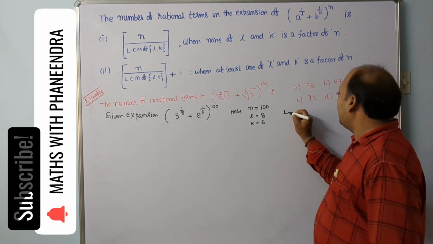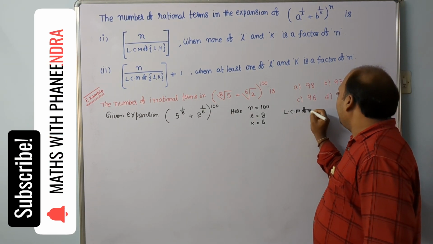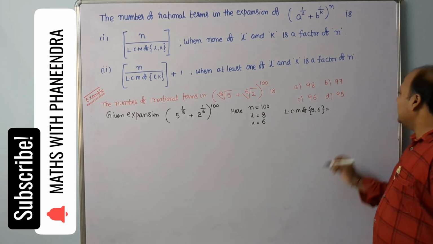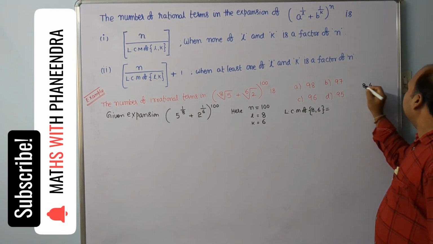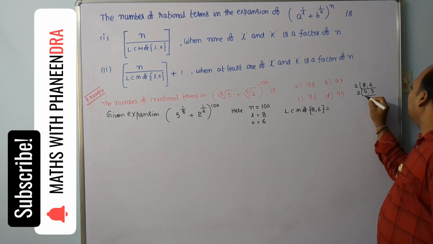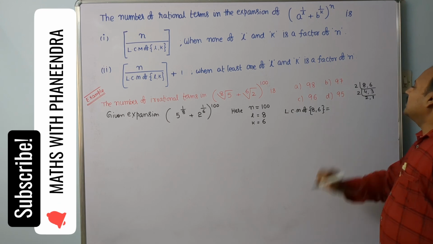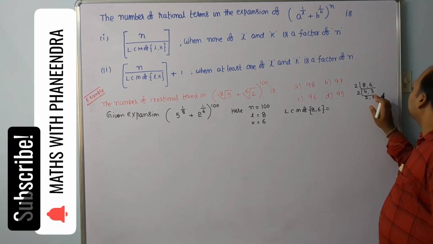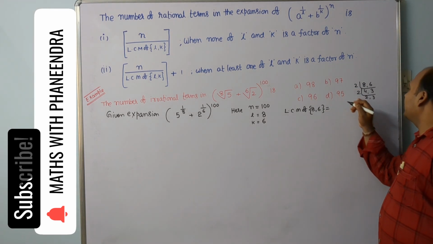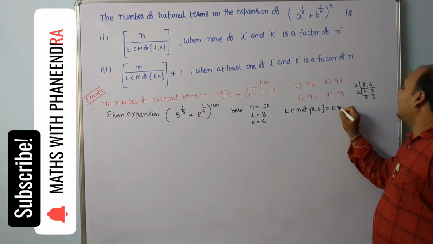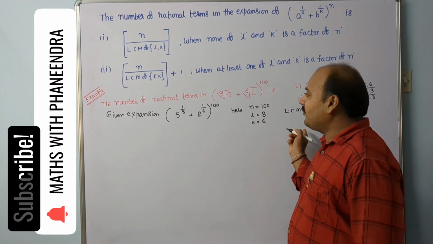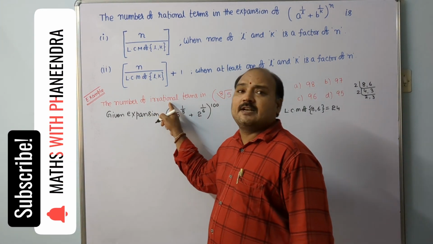Next, we have to calculate the LCM of 8 and 6, dear students. Writing 8, 6: dividing by 2 gives 4, 3; again by 2 gives 2, 3; and 3 remains as it is. So 24 is the LCM. After that they are asking to find irrational terms.